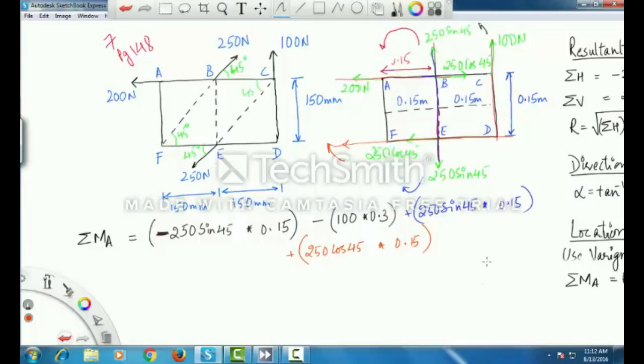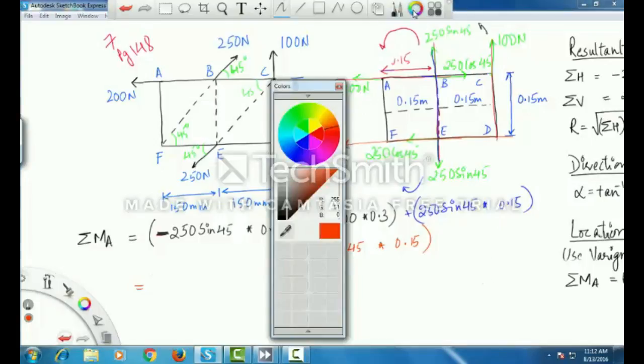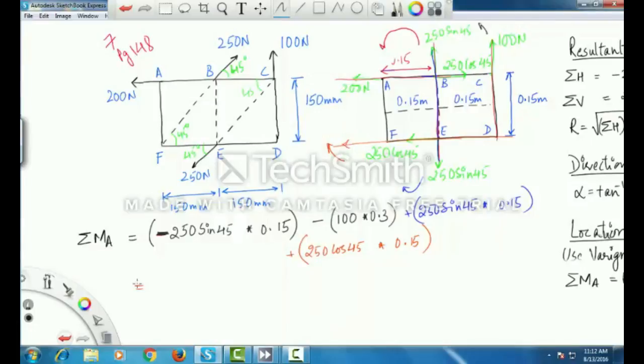So that is our value. Please calculate how much you'll get. Use your calculators, and you will get minus 3.48 Newton meter, which is anti-clockwise.